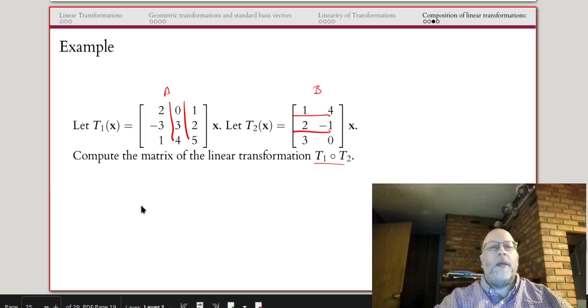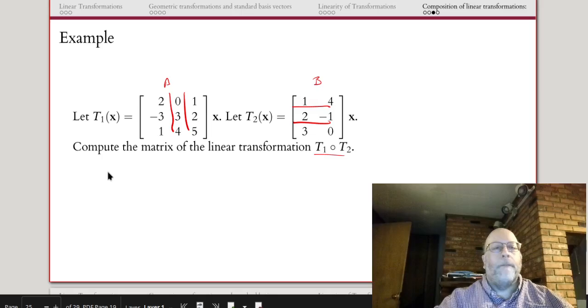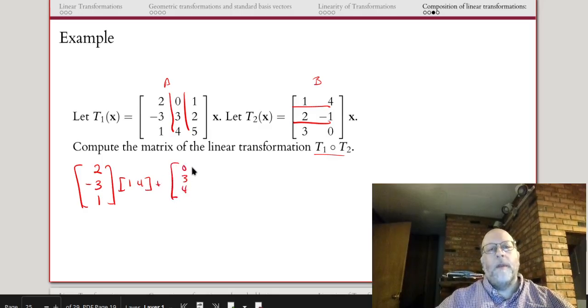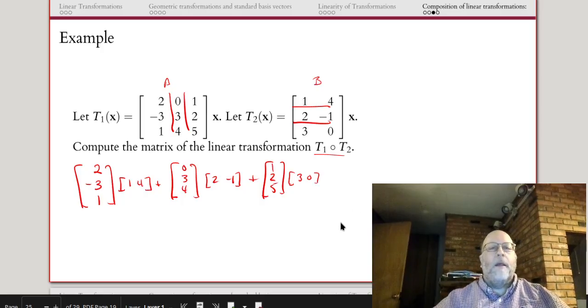And that's going to give me 2, negative 3, 1 times 1, 4 plus 0, 3, 4 times 2, negative 1 plus 1, 2, 5 times 3, 0. That's what the column row rule does for us.